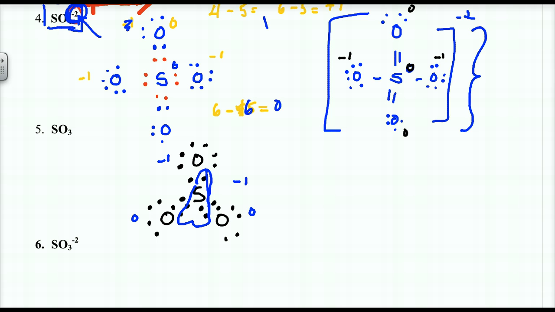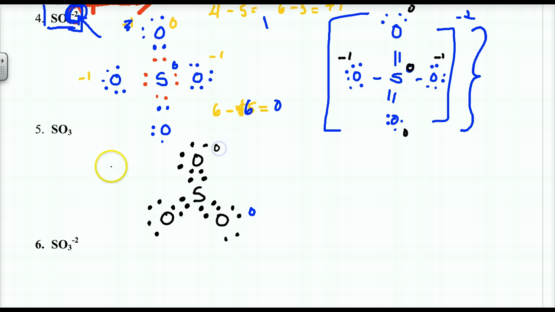Is there a better structure? Well, of course there is. Can I make that sulfur 0? Can I get more zeros out of this? And you're right if you suggested, yes, you can. So take these two and make these two dots, and you'll see that the oxygens are now all 0.